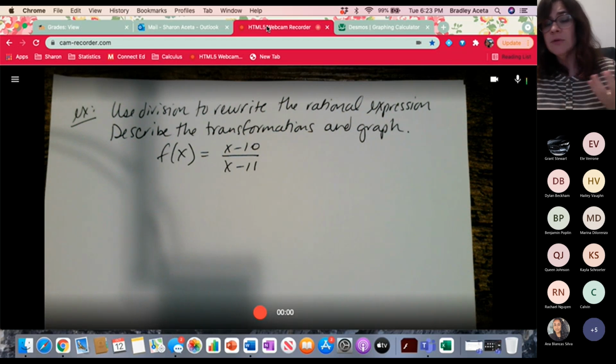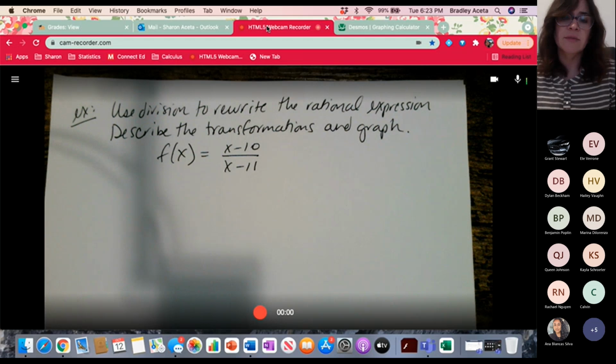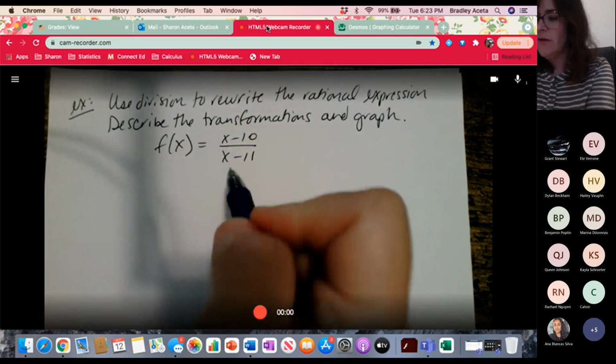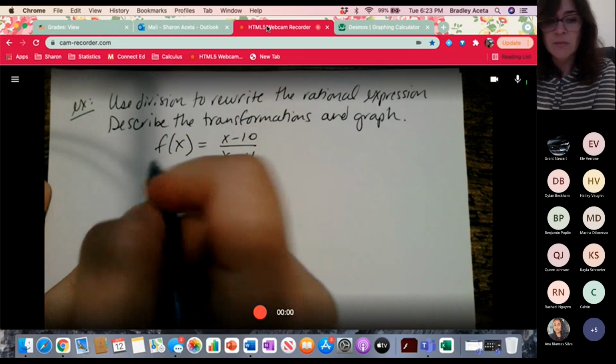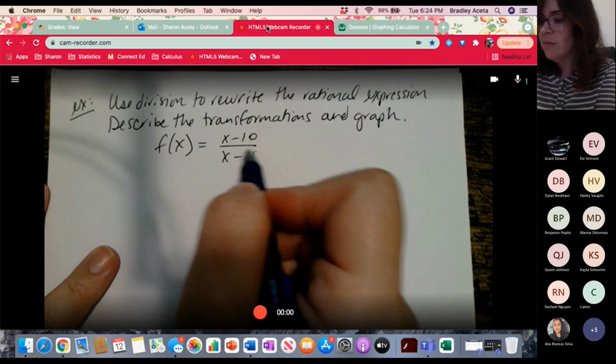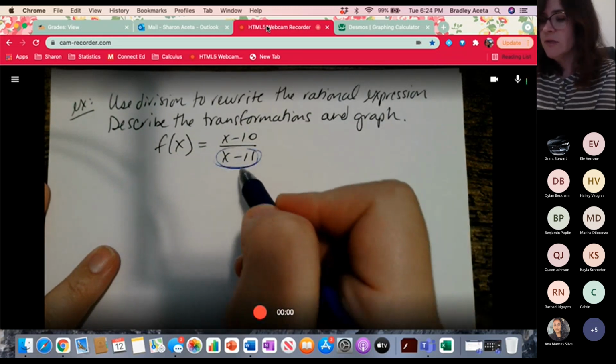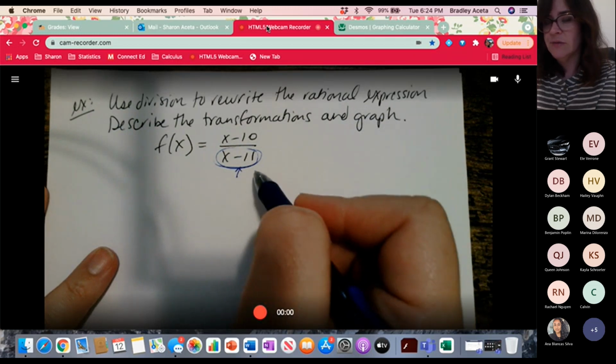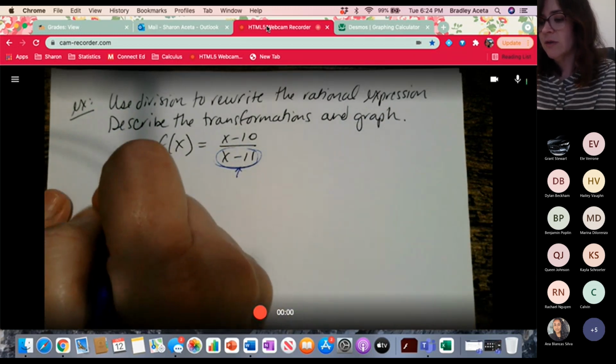So I know most of you are really good with synthetic division. You can do that. I might do both right now. I think I'll do both. Here's what we're doing. We're dividing by this, so this number becomes the k. Remember, you want to change it to an 11.